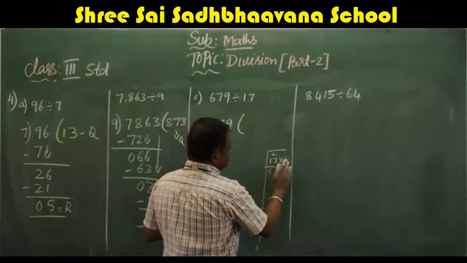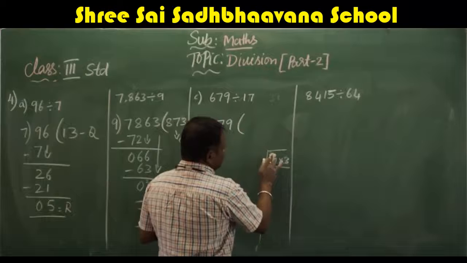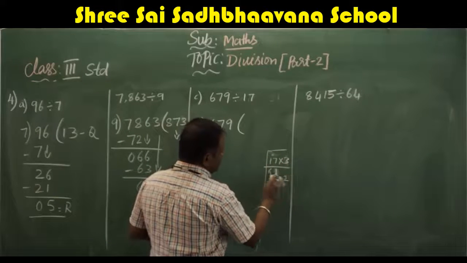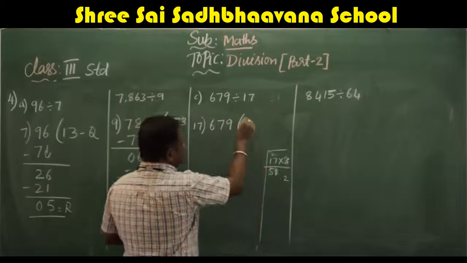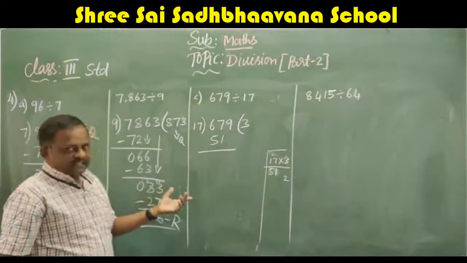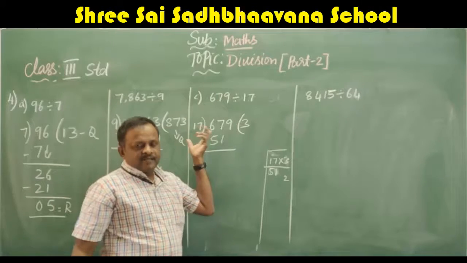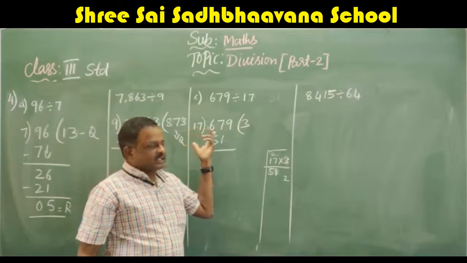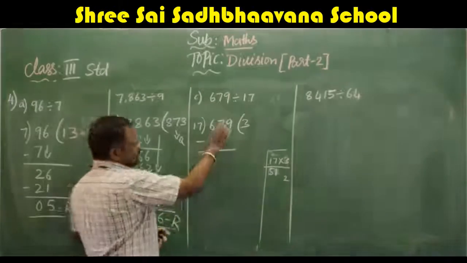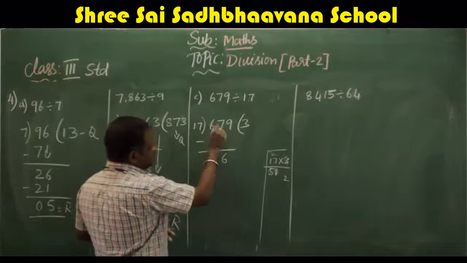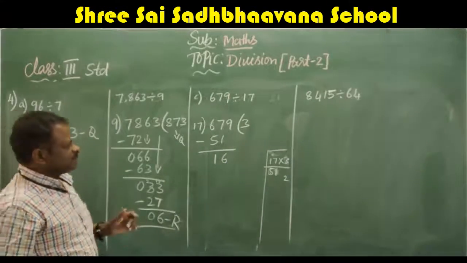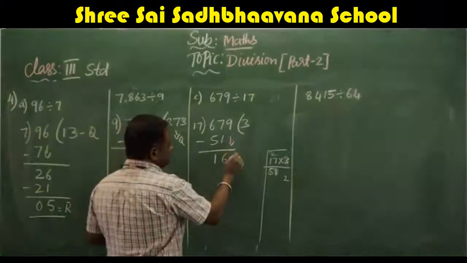So 17 threes are... 3 sevens are 21. Carry 2. 3 ones are 3 plus 2 is 5. 17 threes are 51. So for this reason only we are saying learn the tables. If you learn the tables, we will directly say 17 threes are 51. So subtract 7 minus 1 is 6, 6 minus 5 is 1. Okay, you take down 9 here.